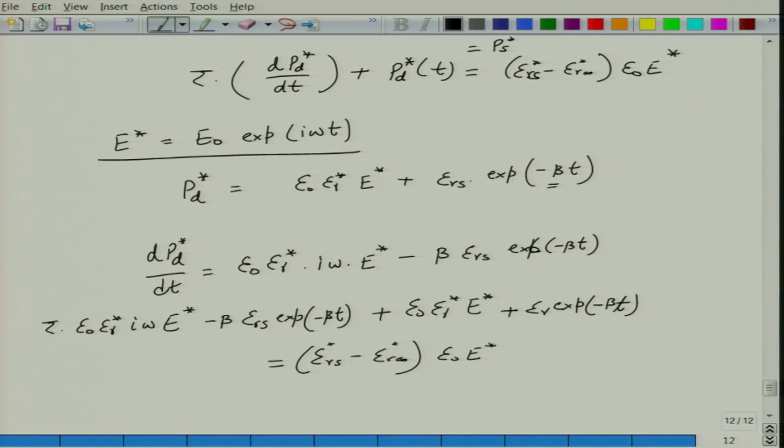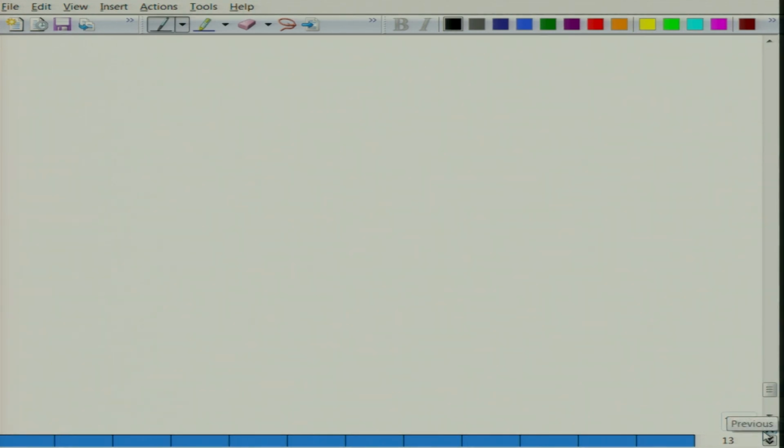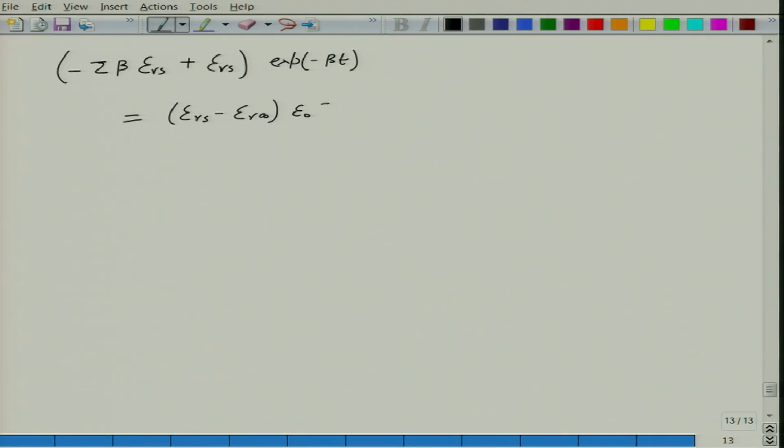Now, what we get is we can separate the frequency dependent part and non-frequency dependent part on two sides. So, this part will become minus tau beta epsilon Rs plus epsilon Rs into exponential minus beta t term, and the other terms can be written as a slight rearrangement.